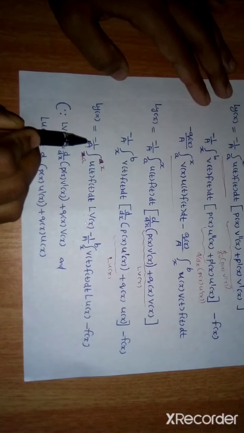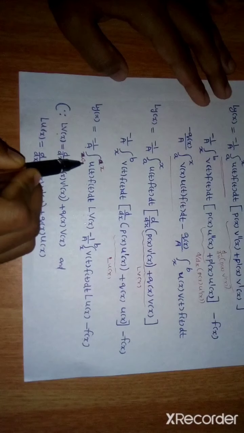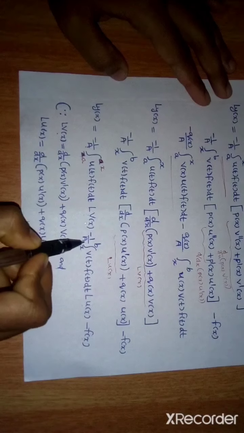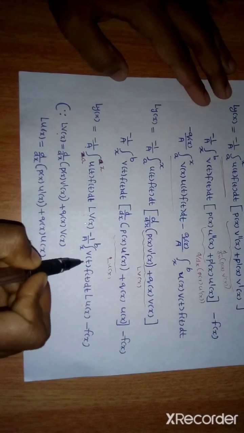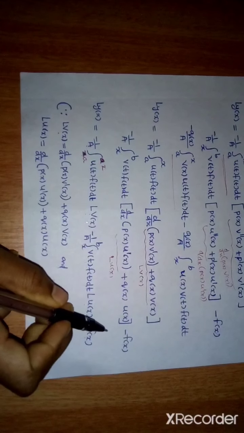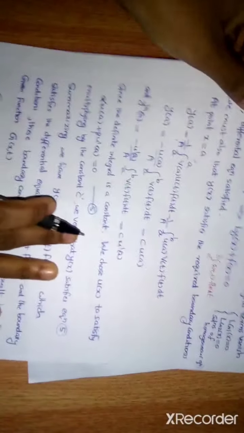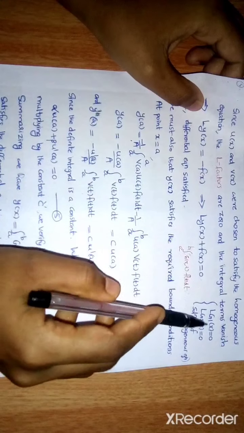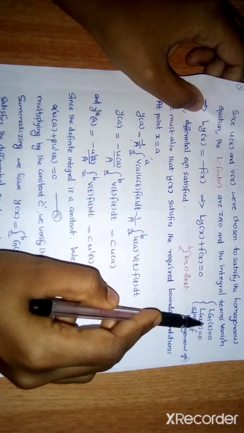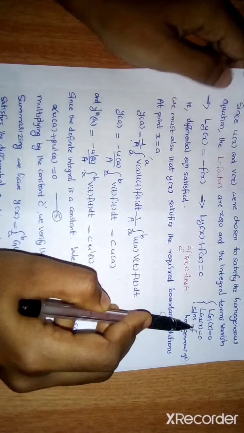So Ly of x equals minus 1 by a integral a to x u of t f of t dt into Lv of x, minus 1 by a integral x to b v of t f of t dt into Lu of x, minus f of x. Then we studied the property of the Green function: the solutions of the homogeneous equations are Lg1 of x equal to 0 and Lg2 of x equal to 0.